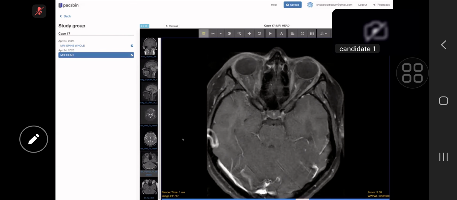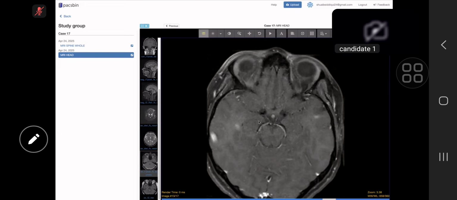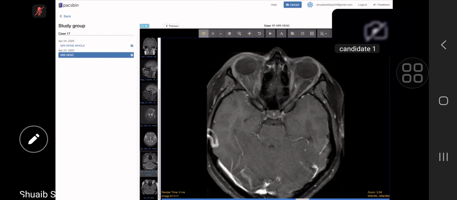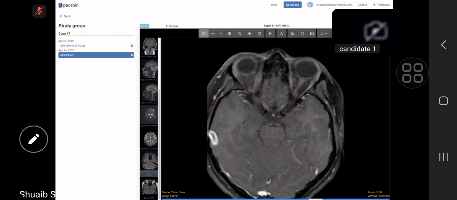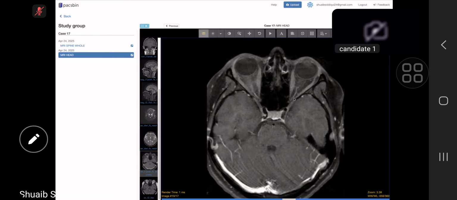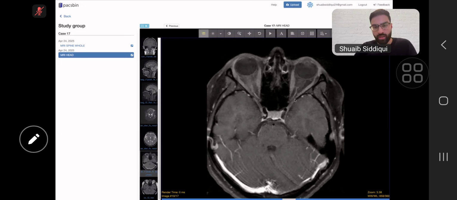I don't see any gross avid enhancement, but there is subtle enhancement noted along the chiasm and in the orbital region, in the orbital apex, more so on the left side, I believe.